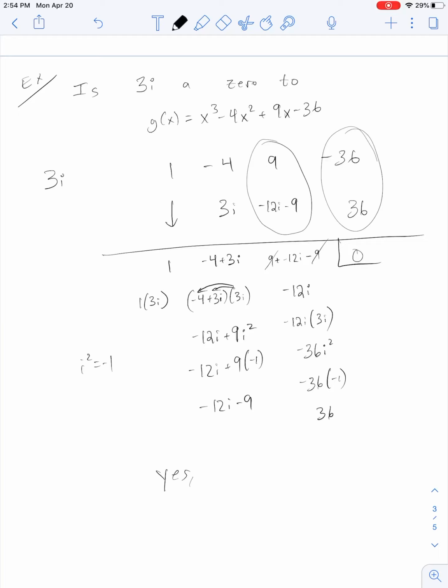So yes, 3i is a 0 once again because the remainder is 0. So some nice examples of synthetic division.